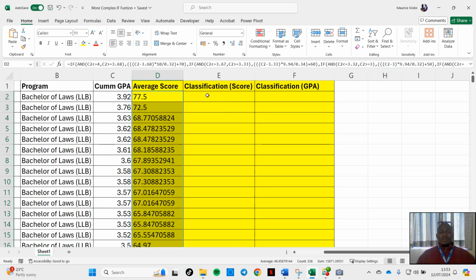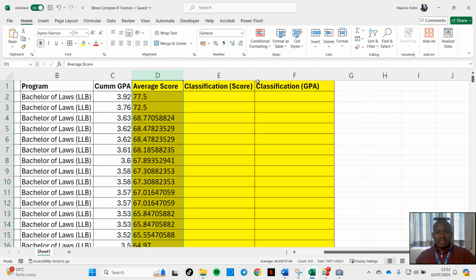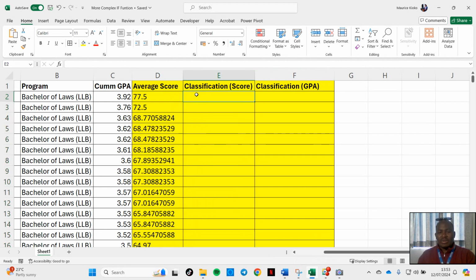There you go. But let's just quickly try to figure out how you get classification using this percentage. We look at this and also look at the GPA and compare.